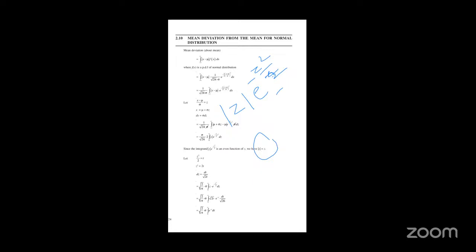So what happens? Z square by 2 is equal to t. So from z square by 2, we convert this side. We do the differentiation, and from the differentiation we know dz is equal to this dt value. So from this value we'll conclude this.